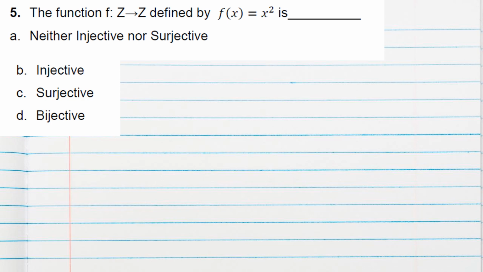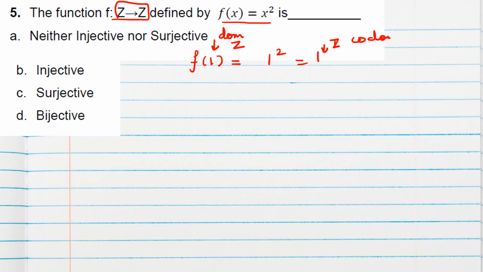Next is question number 5. Function f from Z to Z defined by f of x equals x square. Again we have to check injectiveness and surjectiveness here. So Z to Z, that means if I take a particular element 1 from the domain, the square will be 1, and this element comes from the codomain, both being Z only. f of minus 1, that is minus 1 square, will also be 1.